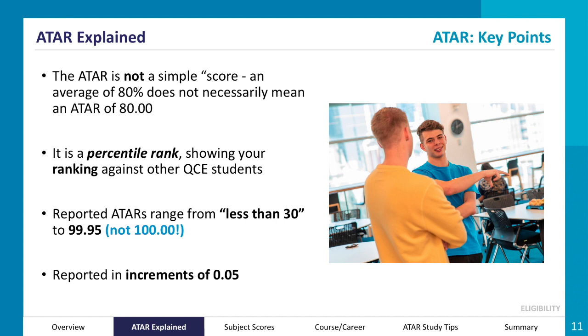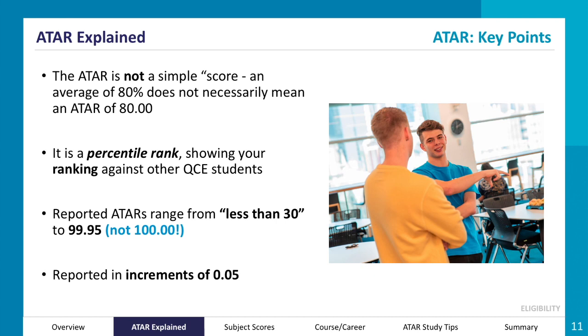Now, the ATAR goes from, well, at least close to 0 to 100, but not 100 actually. So it's 0 to 99.95. 99.95 is the highest ATAR you can receive. If you receive an ATAR of 30 or less, it's simply reported as less than 30.